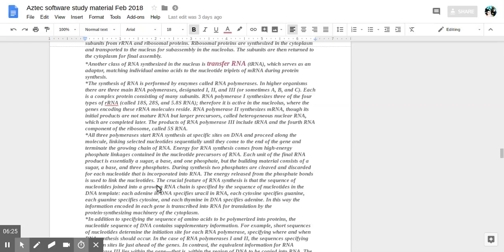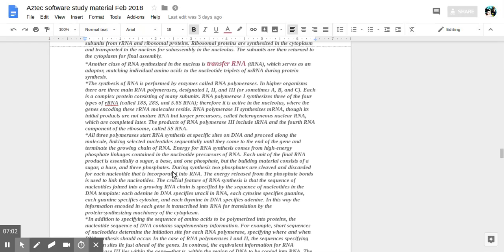The crucial feature of RNA synthesis is that the sequence of nucleotides joined into a growing RNA chain is specified by a sequence of nucleotides in the DNA template. And the pattern is that each adenine in DNA specifies uracil in RNA, each cytosine specifies guanine, each guanine specifies cytosine, each thymine specifies adenine.